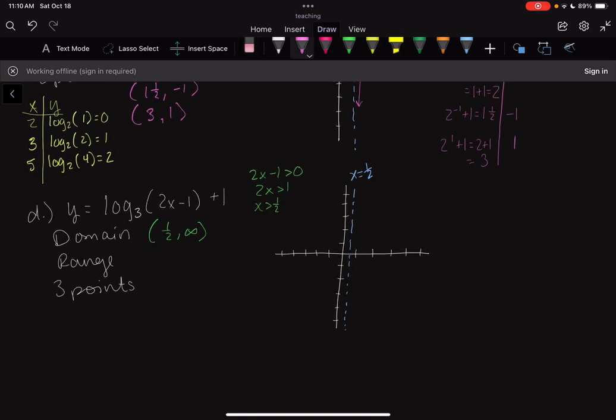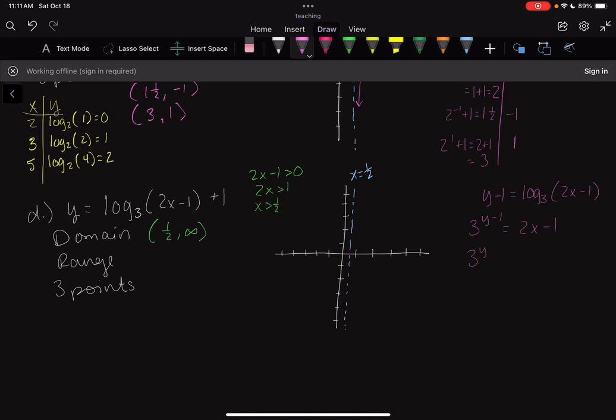Let's just move into an exponential. As an exponential, first I'd move that 1 over, so I get y minus 1 equals log base 3 of 2x minus 1. Moving into an exponential, I get 3 to the y minus 1 equals 2x minus 1. And then I would solve it for x.